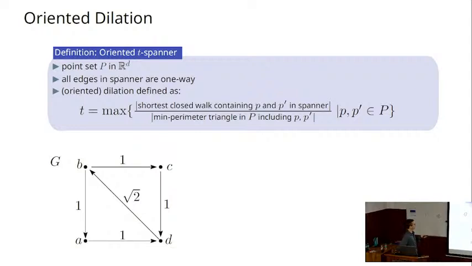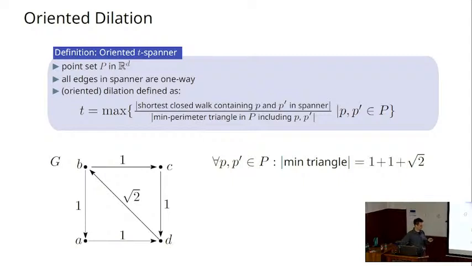So you can see this as kind of the minimum length cycle in the complete bi-oriented graph. Yes. So here's an example. Let's say this is my spanner.